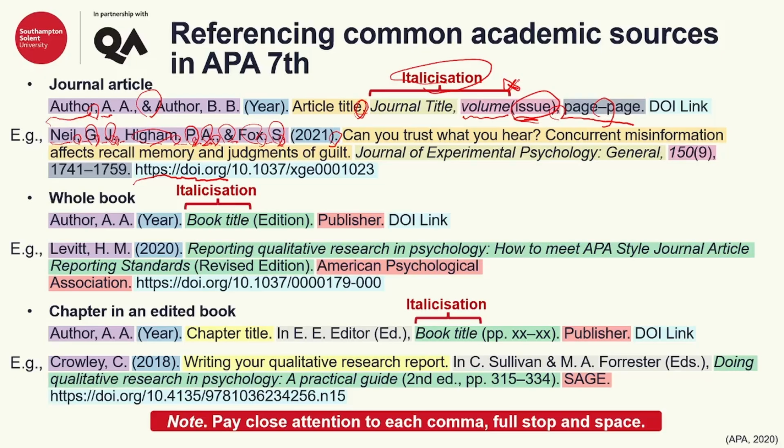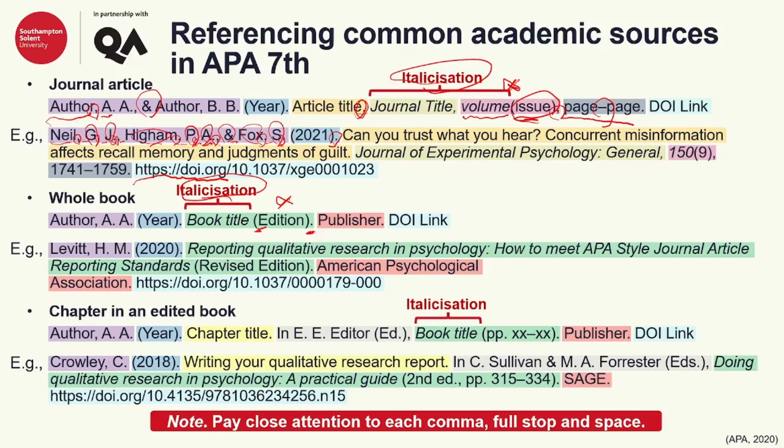A book title is written in sentence case and italicized. If edition information is needed, place it in round brackets immediately after the title. The edition information itself is not italicized. A full stop appears after the title and edition information.